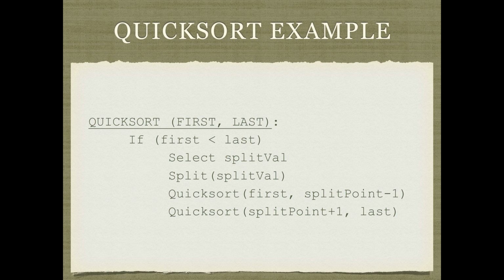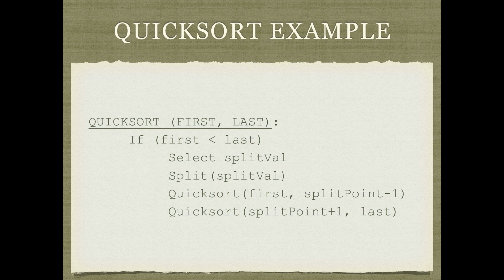So here's the basic high-level algorithm, again, starting with first and last, which will change over time. You select what is called your split value, which is basically the halfway point. Think of it as a halfway point.